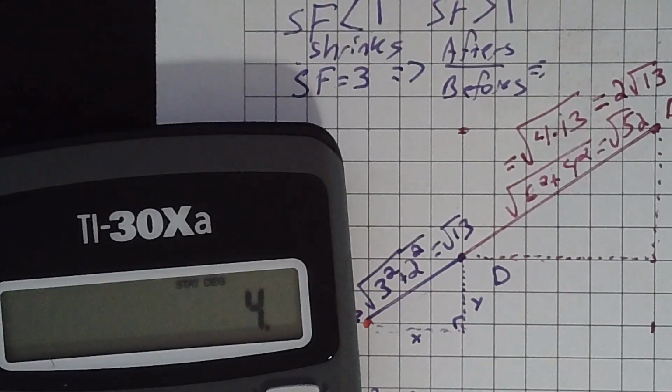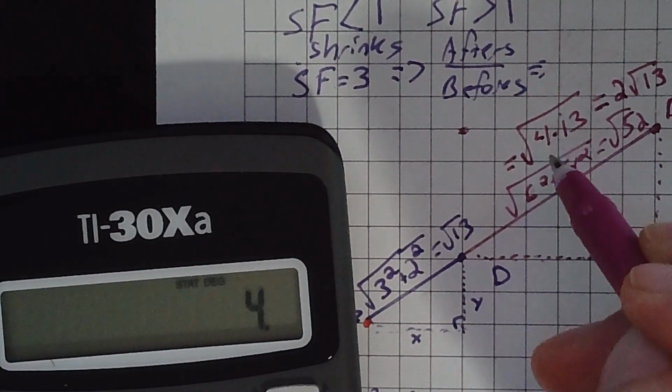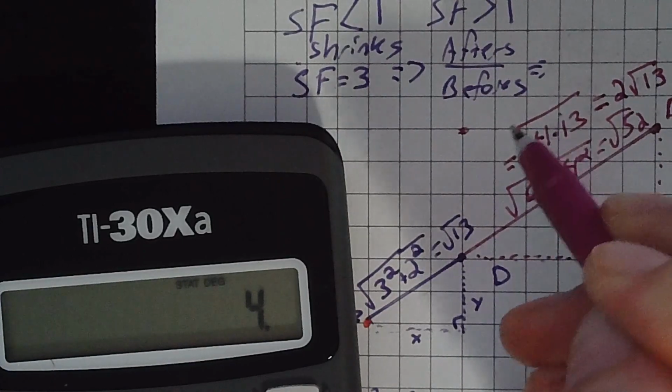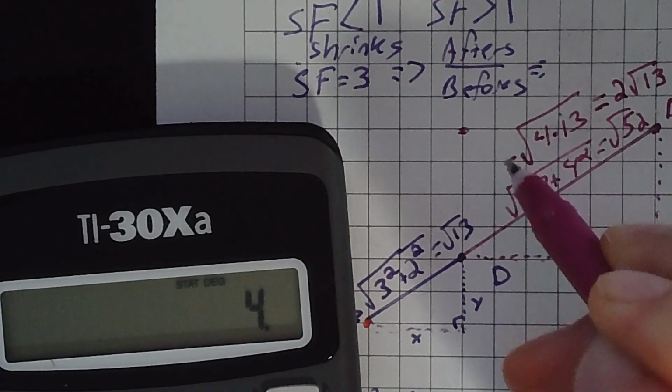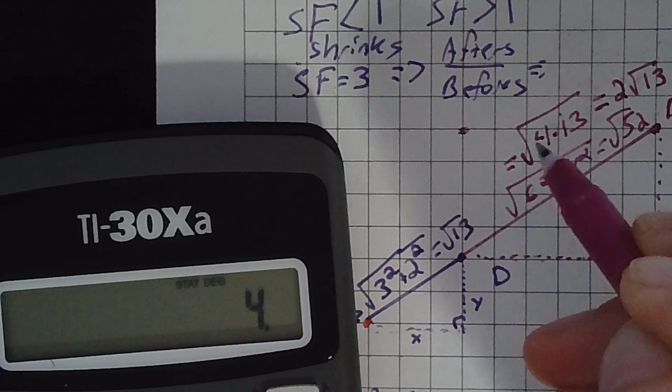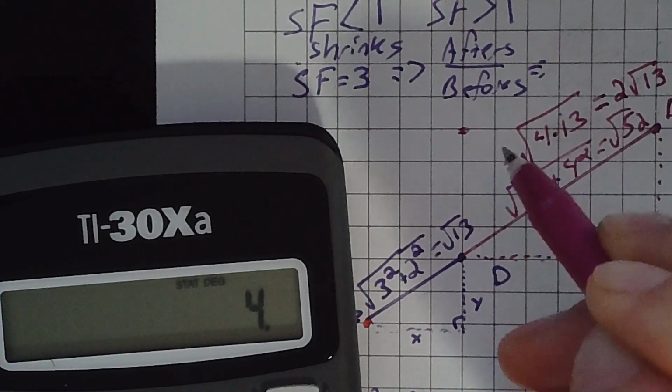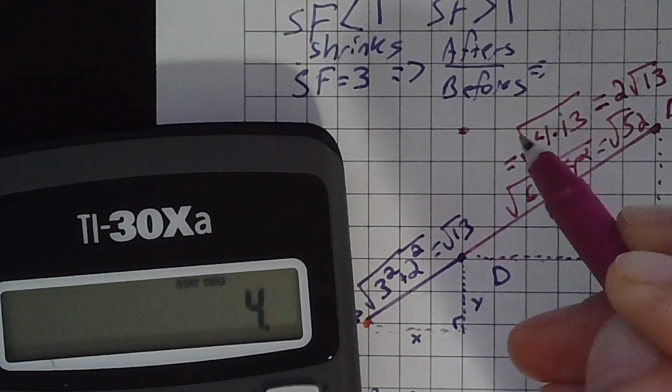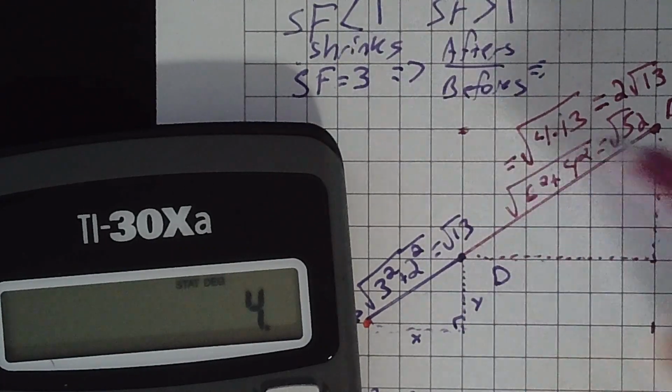So I took the 4 out. When you take the 4 out of the radical, because it's a perfect square, it turns into its square root, which is 2. So you put it in, you square it, take it out, you take the root of it. It's just kind of how it works.